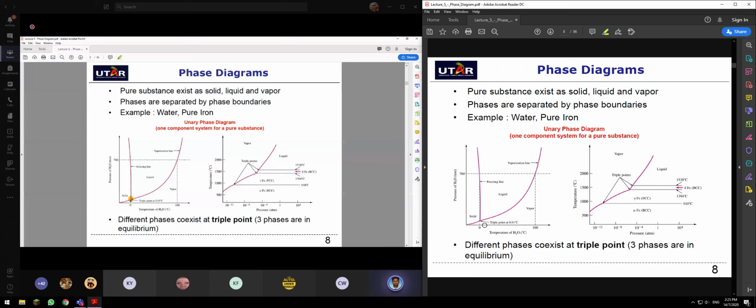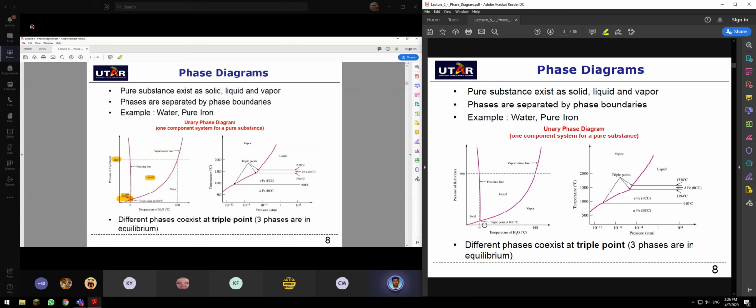So if you can manage to reduce the pressure, if you have a vacuum chamber, to a pressure definitely lower than 1 atm, and you set the temperature to 0.01, water exists in vapor, liquid, and solid.